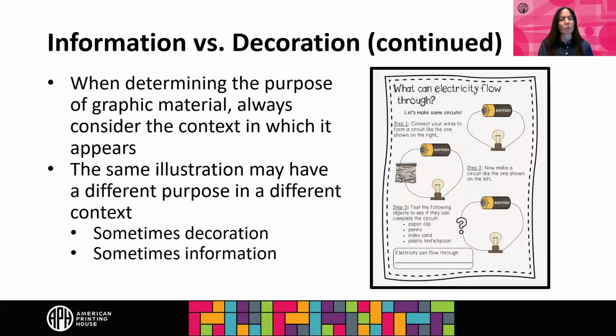The first illustration shows a light bulb that's connected by wires to the 2 ends of a battery, a simple electrical circuit. The next illustration shows the same light bulb and the same battery, but this time they're connected to a small piece of aluminum. And in the third illustration, the same light bulb and the same battery are connected to a question mark. So you can see each one is similar, but there are some important differences.